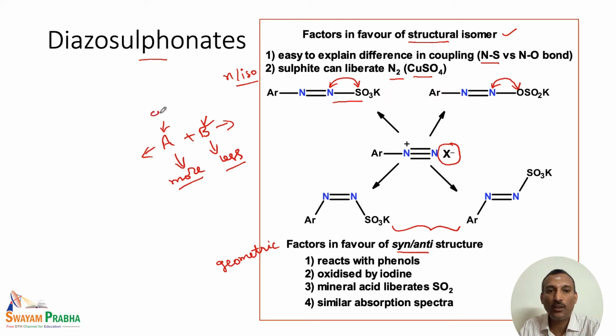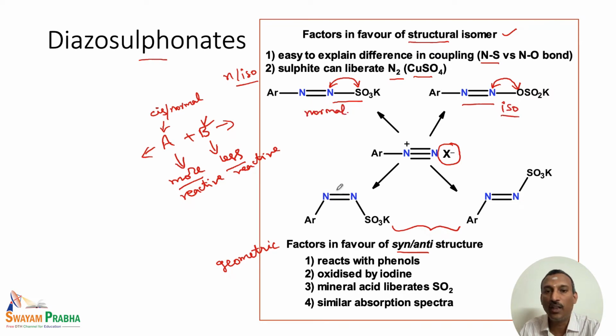This can be the cis isomer or the normal isomer, which readily loses nitrogen, and B is less reactive. This compound does not liberate nitrogen very readily. So this may be the iso structure, and this may be the normal structure, as people had proposed.